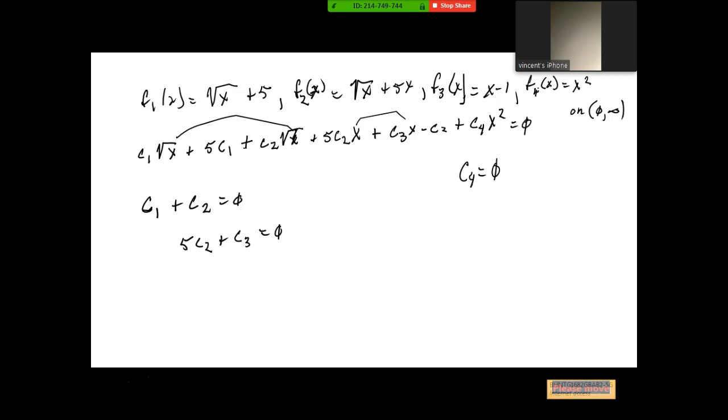And there's one more condition, that 5C1 minus C2 is equal to 0, because your constant terms have to add to be 0. We've already determined C4 has to be 0, because there's no way to get that x squared term out of there unless C4 was 0. All right, well, what do we have?